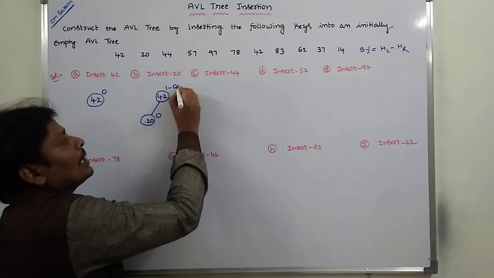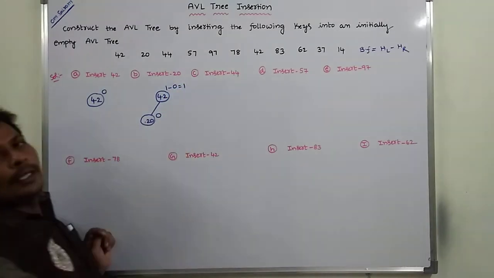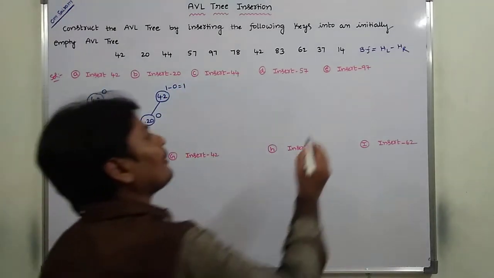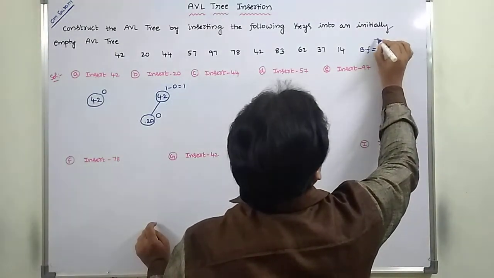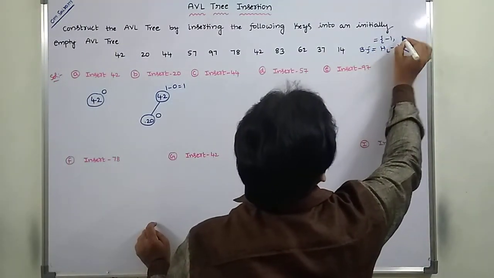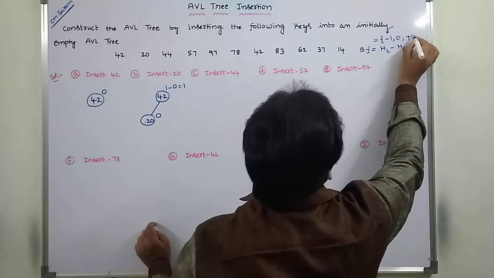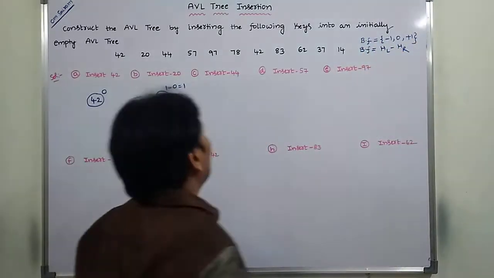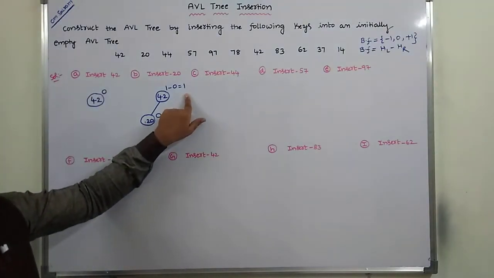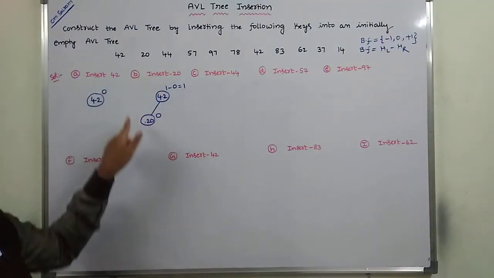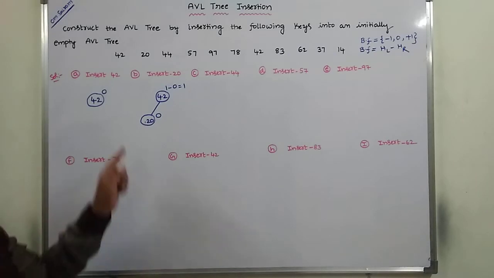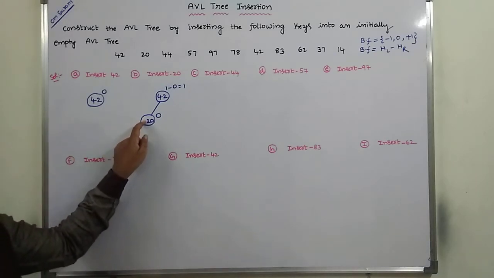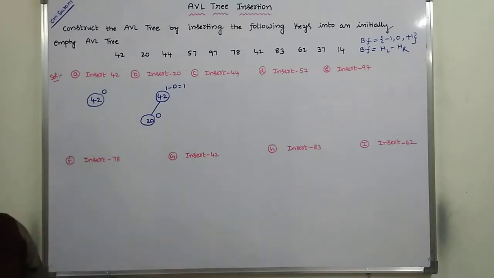So 1 minus 0 is equal to 1. The balance factor values may be either minus 1, 0, or plus 1. So these are the valid balance factors. Now we are getting plus 1 and 0, which are valid. Hence we can say that this tree is called an AVL tree.